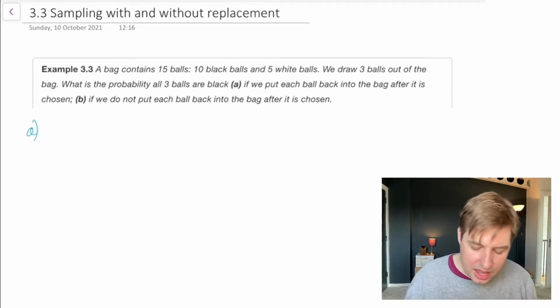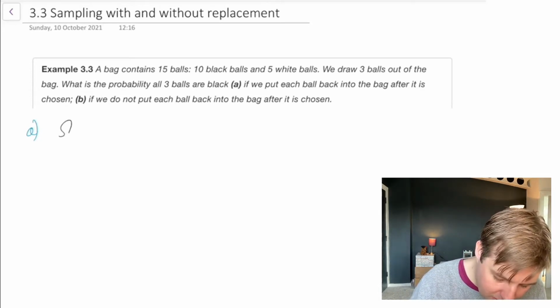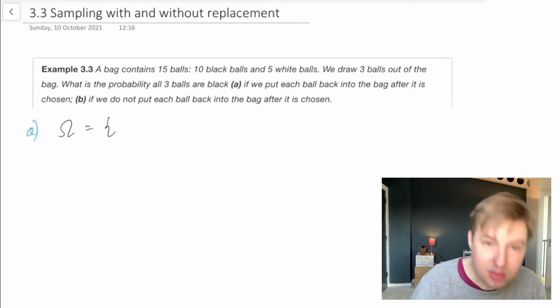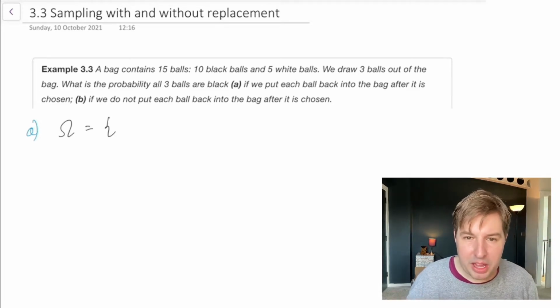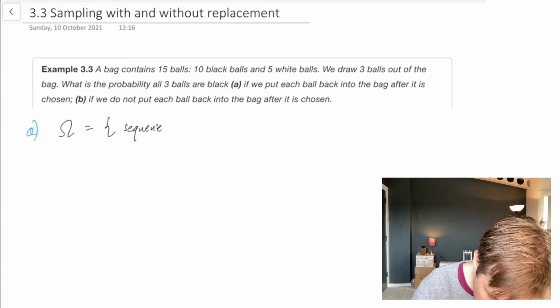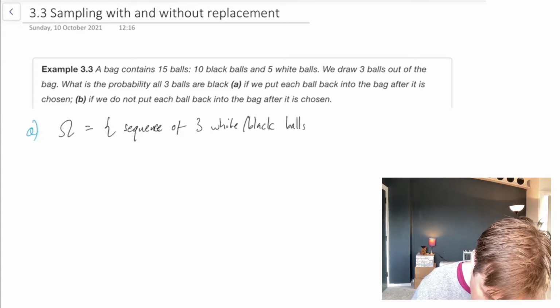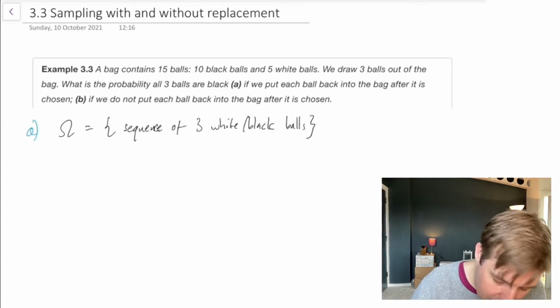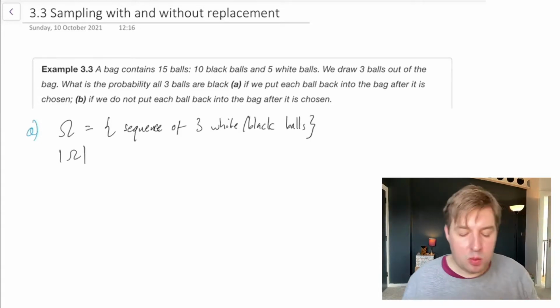So again, omega is the set of sequences of 3 white or black balls that can be pulled out of the bag. So, how many elements are there in omega? Well, there are 15 balls in the bag, right?